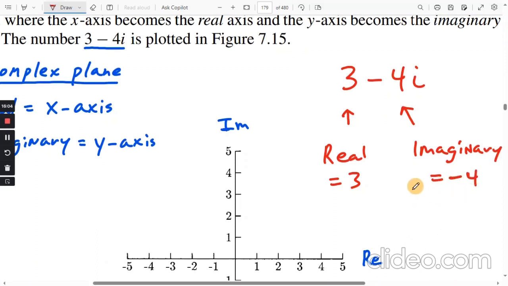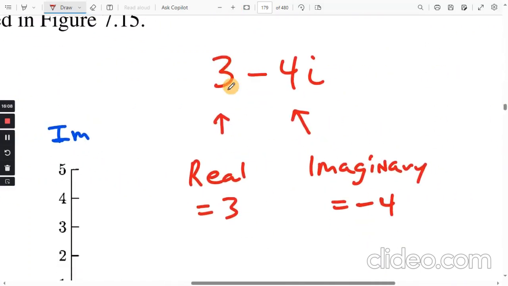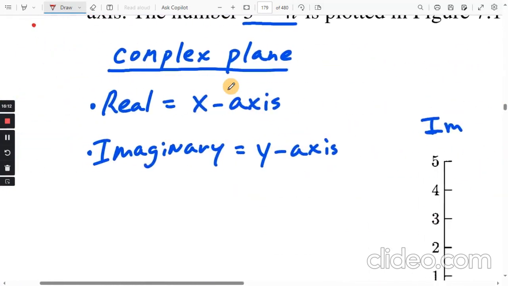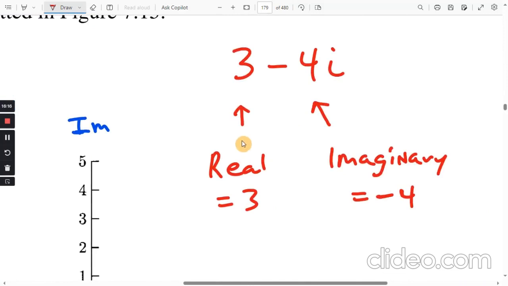You don't include the i, but you do want to include the plus or minus sign. And we said in the write-up, the real is the x-axis and the imaginary is the y-axis. So the real is going to be your x-coordinate, and the imaginary is going to be your y-coordinate.